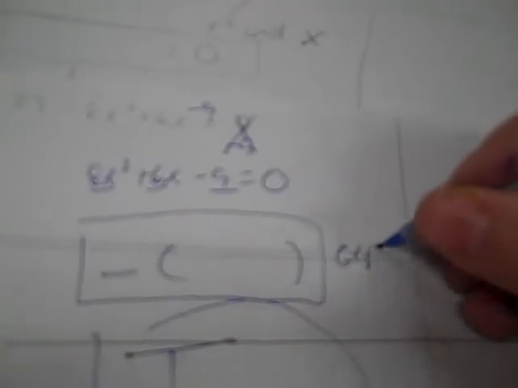So GCF, negative in front, no. Do I have x on everything? No. 8, 6, and 9 has a 1 GCF. Okay, so A times C, positive 8 times negative 9, and that gives me a negative 72. So difference of 6.